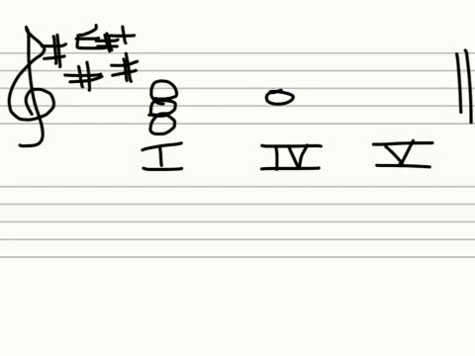E, F, G, A. The 4th note. Always include the bottom note in your count. So E is 1, F is 2, G is 3, A is 4. Okay, so start on A, build a snowman. There's your subdominant chord.